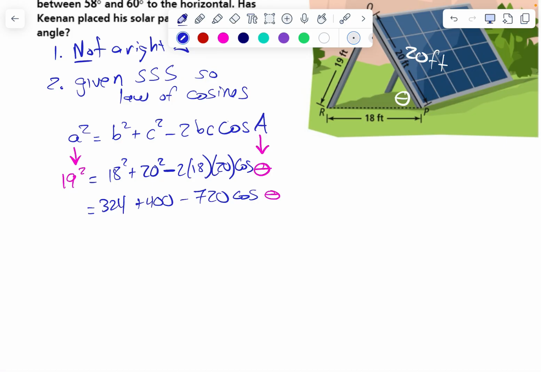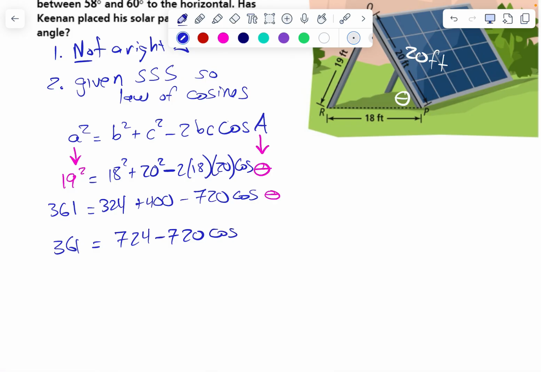All right, then what is 19 squared? All right. I guess next step, probably combine these two at the beginning, so 724.